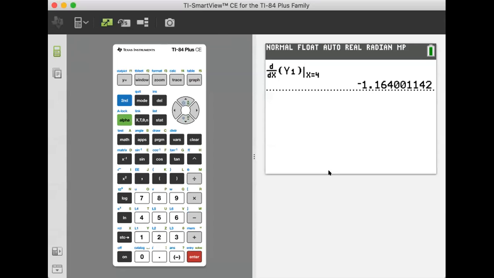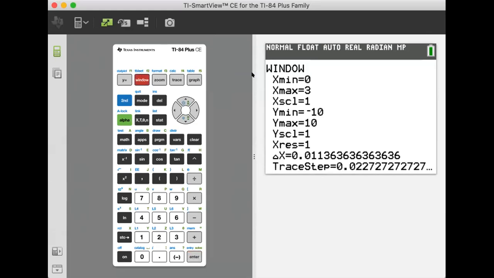I'm going to graph the equation, but first you need to change your window settings. Okay, so what are the bounds? It goes from 0 to 3. So go to your window, put in 0 to 3. Otherwise, when you graph it, you're going to have a whole bunch of times where it crosses the x-axis, but we don't need those.